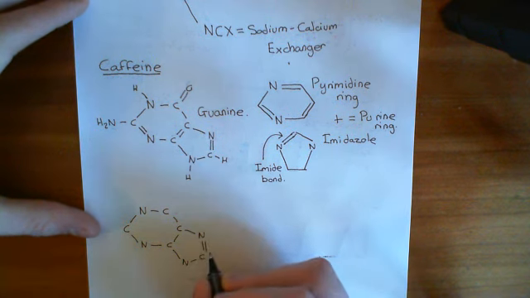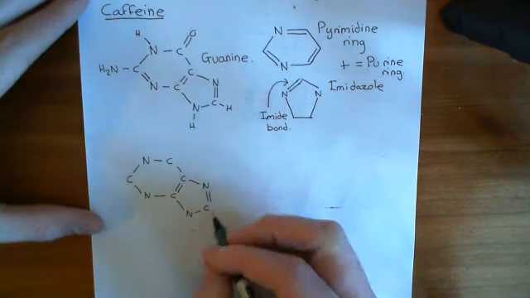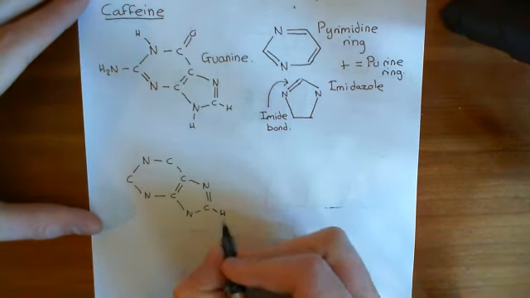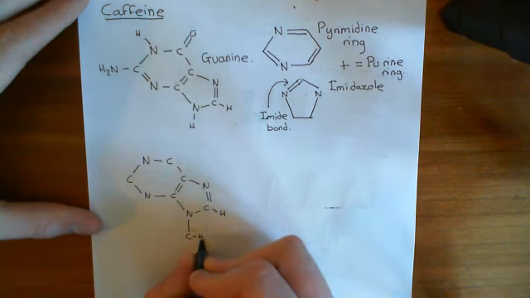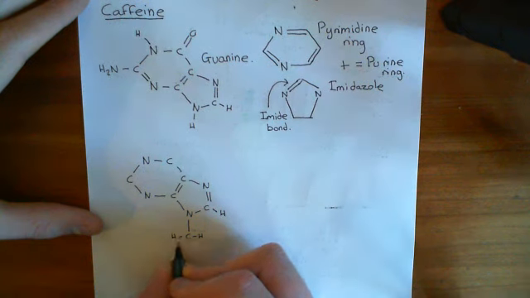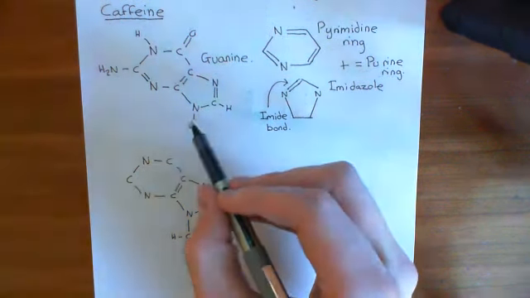You've still got the imide bond there. You've still got this double bond here. So everything's going nicely. This carbon's still got a hydrogen off it. The difference now is that this carbon here has a methyl group sticking off it. That's not the only difference, however, there's more to come. So that's the first difference we've observed.